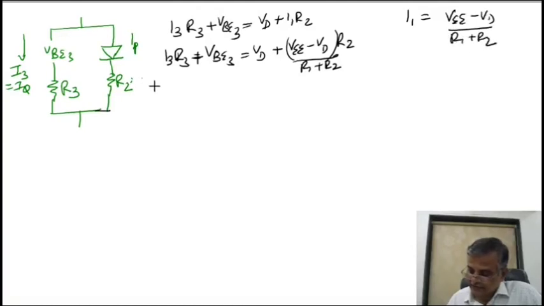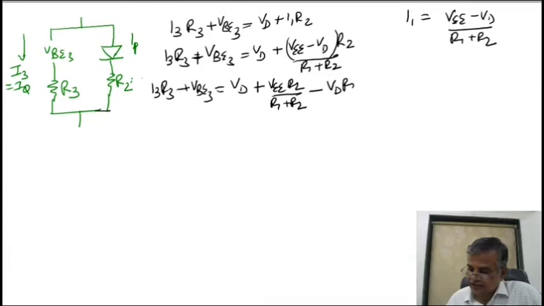So I can write I3 R3 plus VBE3 is equal to VD plus VEE R2 upon R1 plus R2 minus VD R2 upon R1 plus R2.